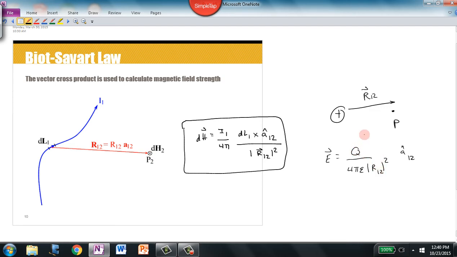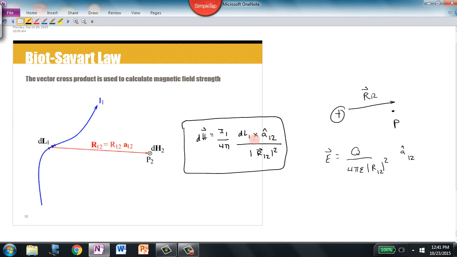The particle responsible for the development of the electric field strength, the magnitude of it goes in the numerator, and again what develops magnetic field is current, so the magnitude goes here. The difference is that we've got this little cross product element, dL1 cross a12, a vector cross product between the differential current element and the vector.